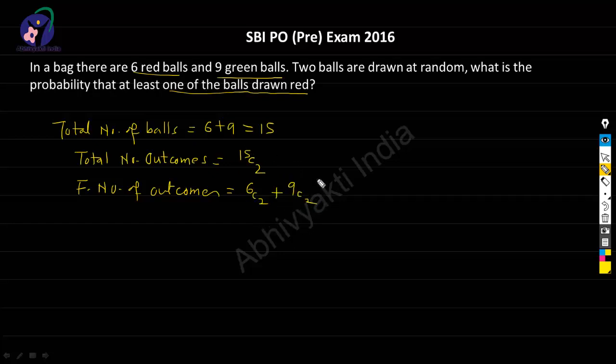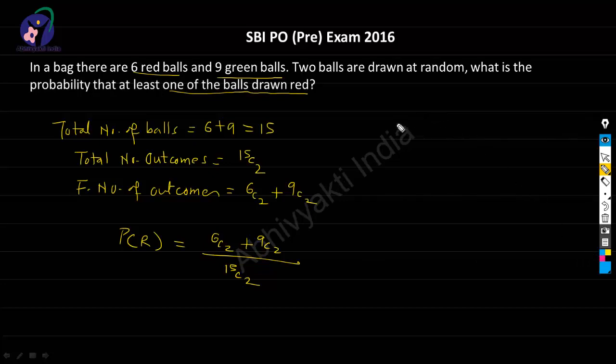How we get this? Please see the video on combinations. So here the probability of getting a red ball is equal to 6C2 plus 9C2 divided by the total number of outcomes, that is 15C2.